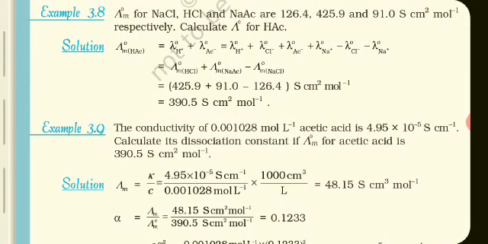So this can be written as lambda 0 H plus plus lambda 0 Cl minus plus lambda 0 Ac minus plus lambda 0 Na plus minus lambda 0 Cl minus minus lambda 0 Na plus.